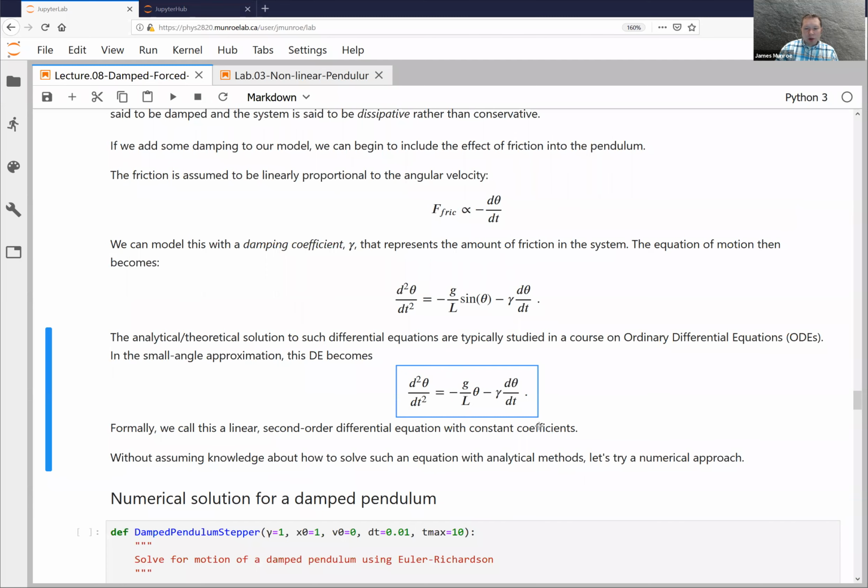That kind of equation is what we study with analytical methods in a typical ODEs course. The trick is this is a constant and this is a constant. Now, we are not assuming in this course you've done differential equations or know how to solve this equation. There's no need, because what we've learned is how to solve these problems numerically. So let's take our oscillator, our pendulum problem, and add in damping to see how the behavior changes.